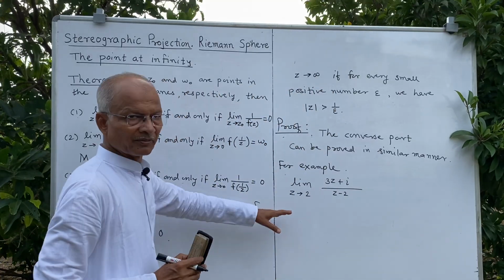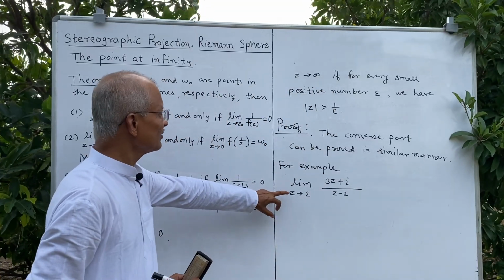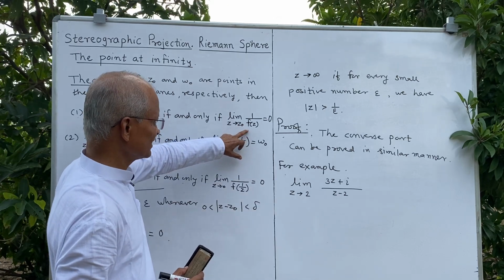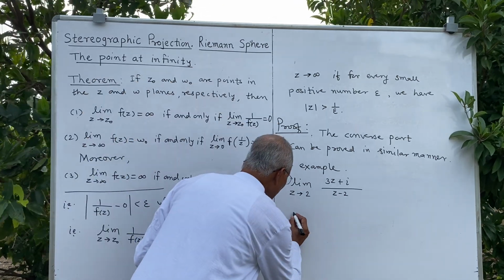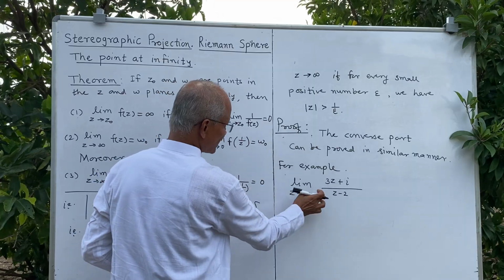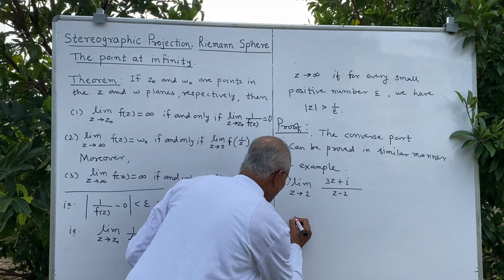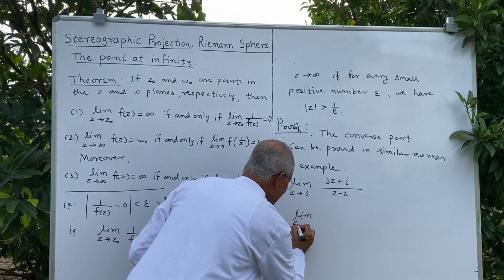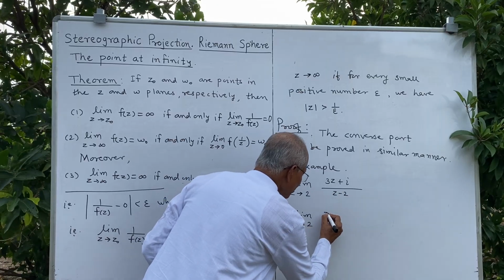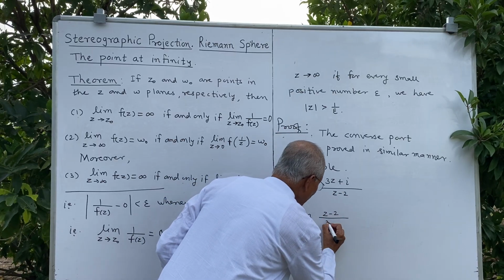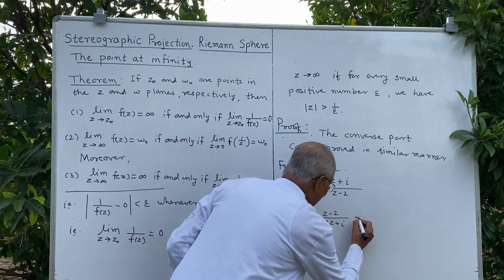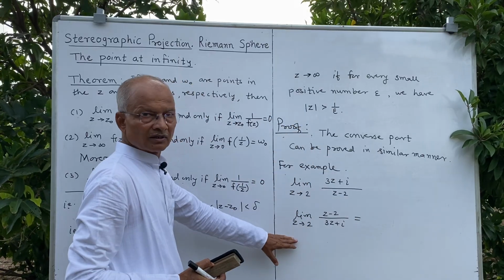How do we obtain this limit? To get it, we may take the limit of the reciprocal. This is f of z, so 1 upon f of z means z minus 2 divided by 3z plus i, and this is simple to verify.